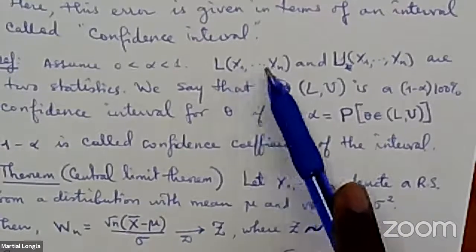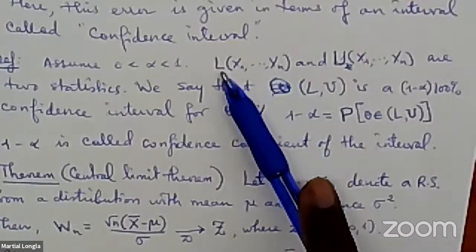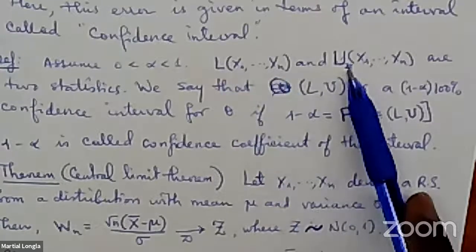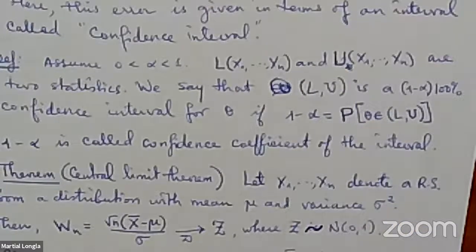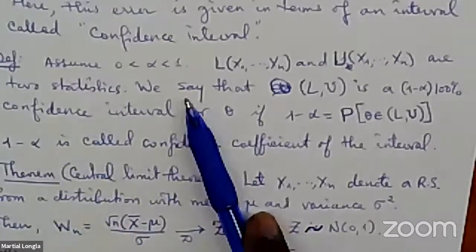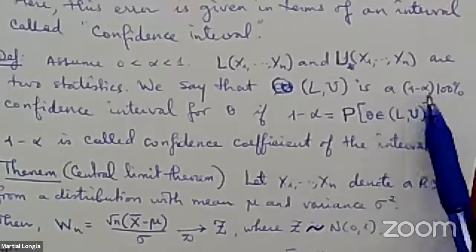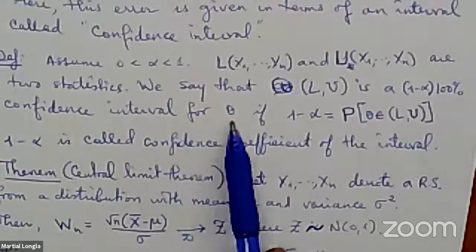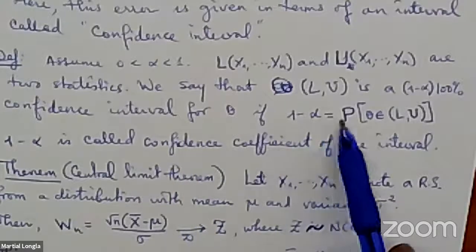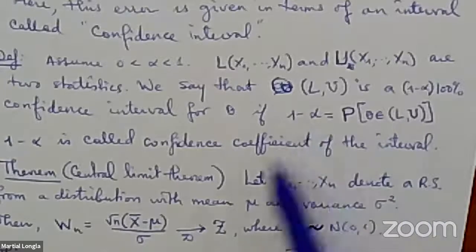Okay, and we construct two statistics. You know, a function of the data is called a statistic. So you build two statistics, L and U, L for lower and U for upper, because you need a lower bound and an upper bound. So you build the two statistics and you say that the interval LU is a 1 minus alpha times 100% confidence interval for theta if the probability for the true value to be inside that interval is 1 minus alpha.